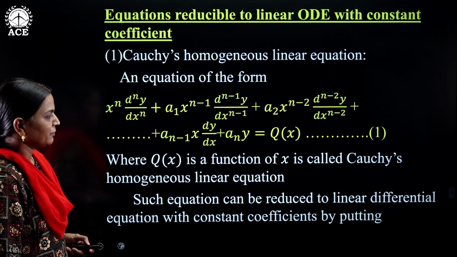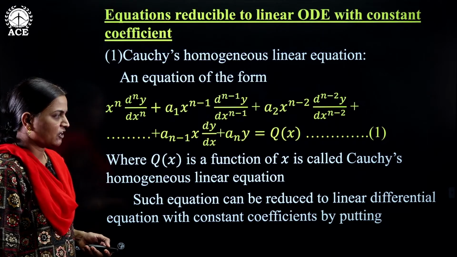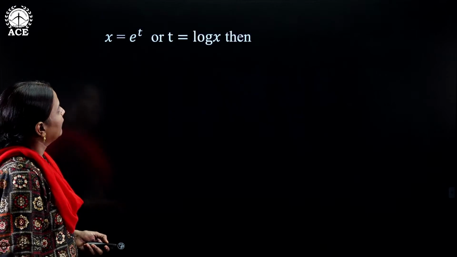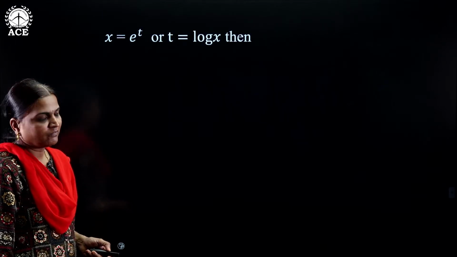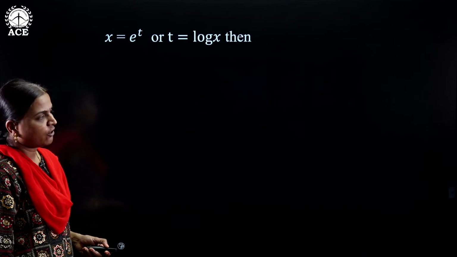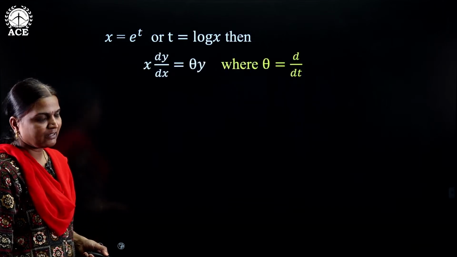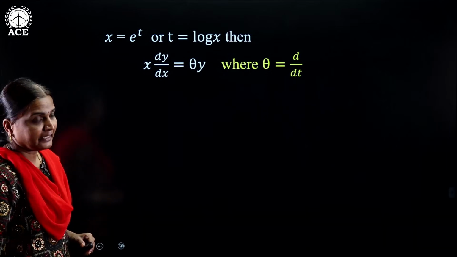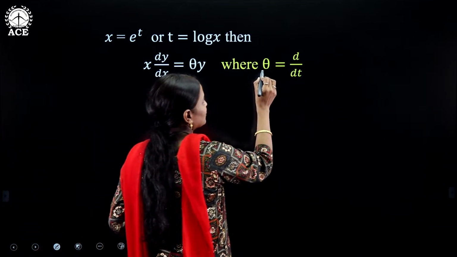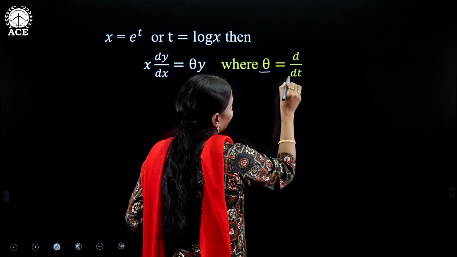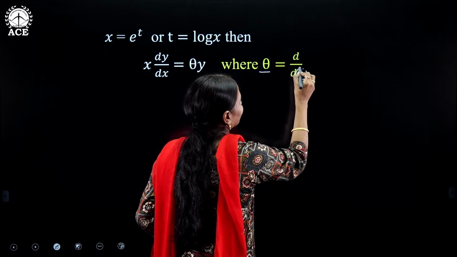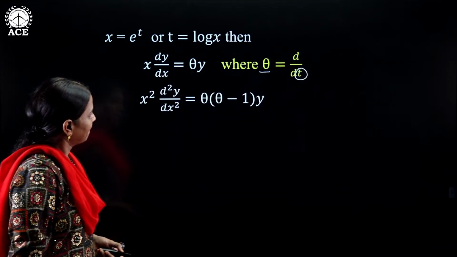So such an equation can be reduced to a linear differential equation with constant coefficients by putting x is equal to e power t or t is equal to log x. So then x into dy by dx is equal to theta y, where theta is equal to d by dt. Observe clearly, theta is also a differential operator but with the new independent variable t.